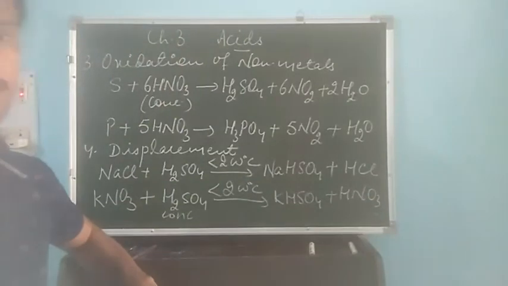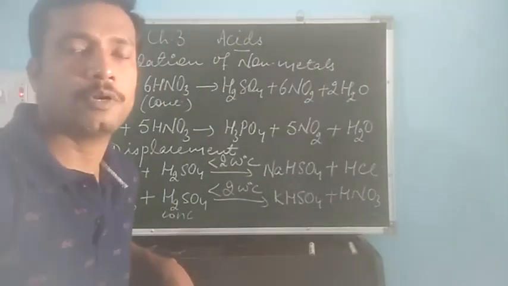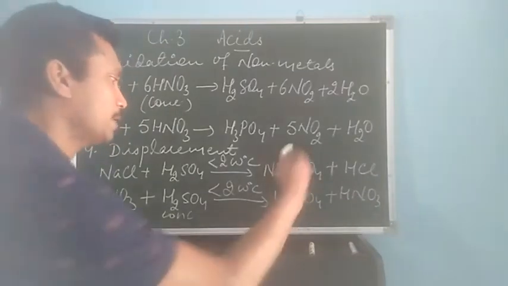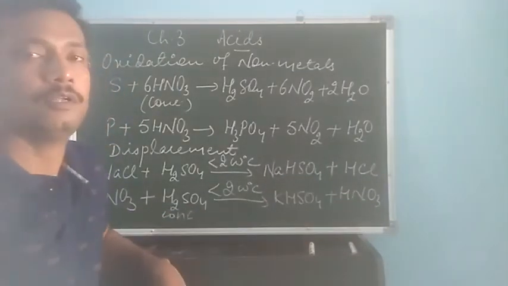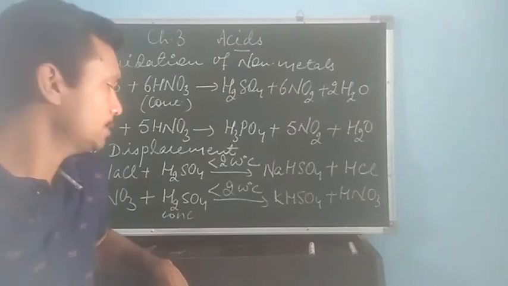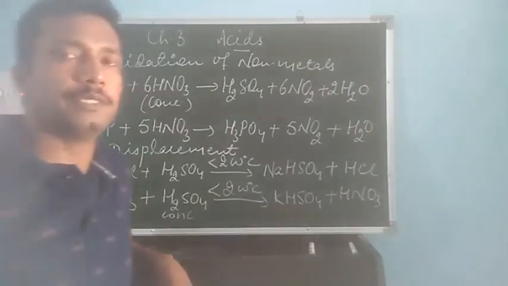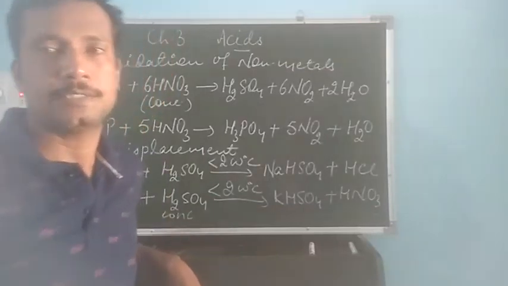So this time we have nitric acid, the volatile acid. So we have prepared another volatile acid using a non-volatile acid like sulfuric acid. So these are the four methods to prepare acids.